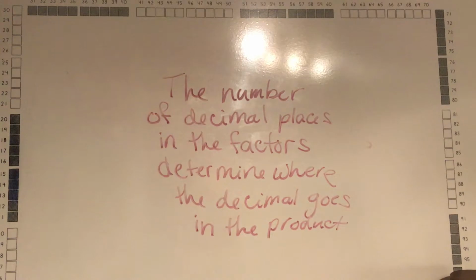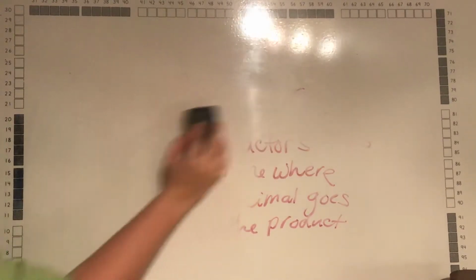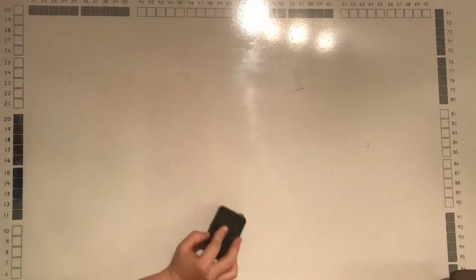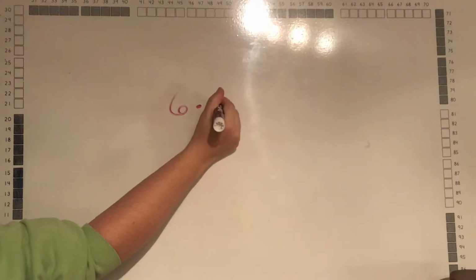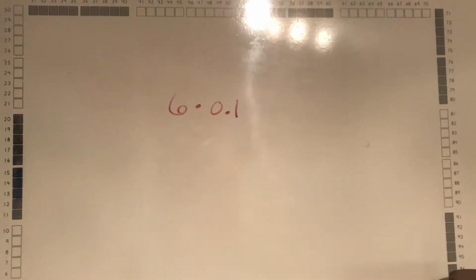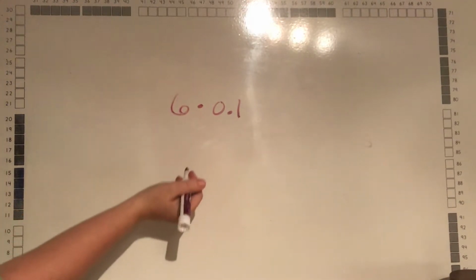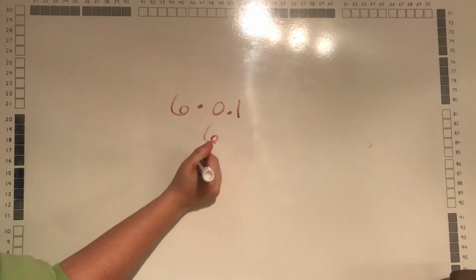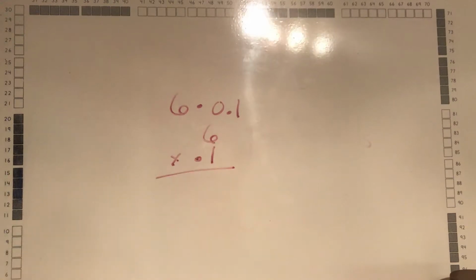For example, in example 1a, you can see the problem 6 times 0.1. Now, when we write this multiplication problem, we want to write it vertically. And you'll notice we don't need to line up the decimal.